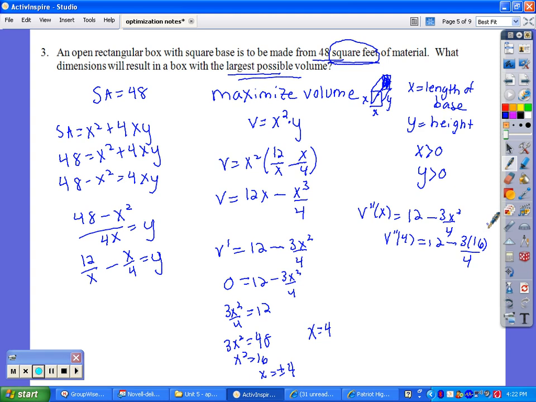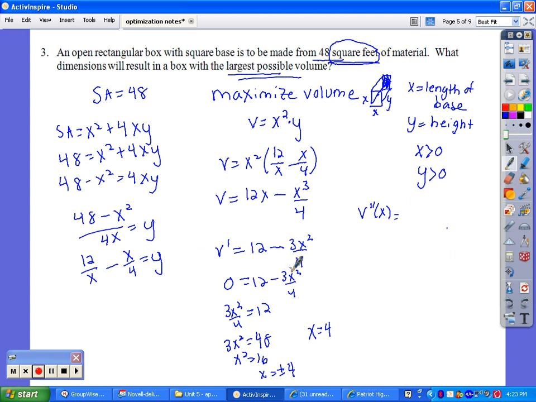And if I do that, I get 3 times 16, which is 48, divided by 4 is 12. Okay, so hold on. This is still the first derivative. I took the derivative of v again. So if we erase this to go back again, sorry about that, we need to find the second derivative.